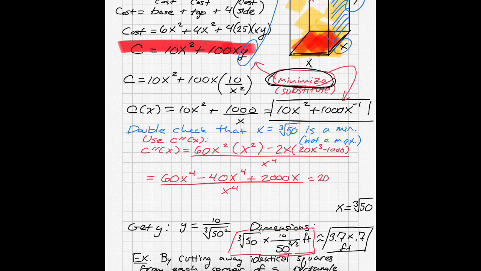So what is that? 20x to the fourth plus 2000x over x to the fourth. So I could even write that down. Let's see, that'd just be 20 plus 2000 over x cubed.